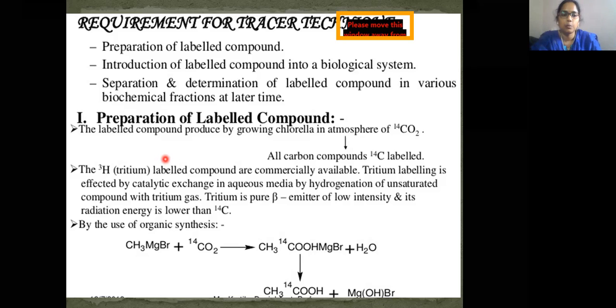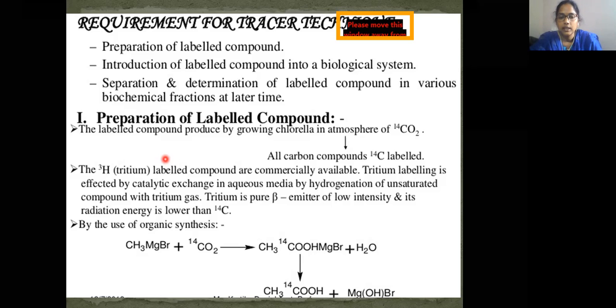Next, by the use of organic synthesis. Here you can use methyl magnesium bromide, right? Here we are forming the radio labeled acetic acid. So here we are using methyl magnesium bromide on reacting with the radio labeled carbon dioxide, right?